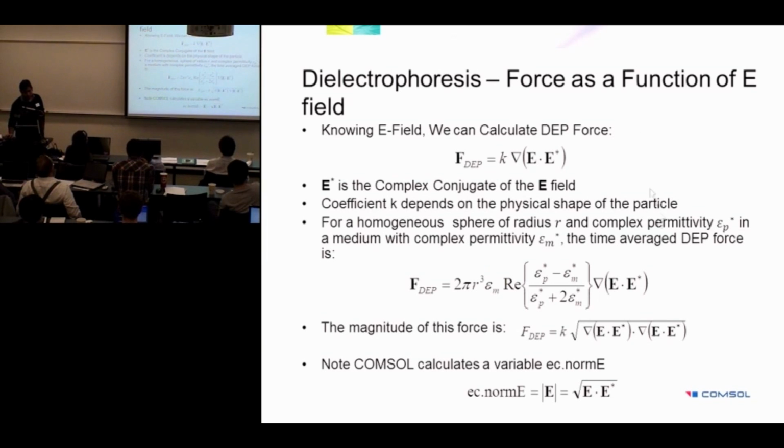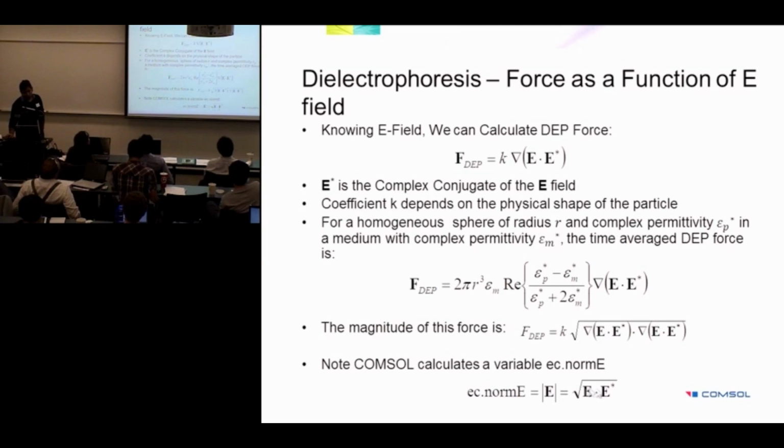Some of the theory: you could calculate the dielectrophoresis force which is acting on those particles based on this expression, and this is a complex conjugate of the electric field which we apply there. The coefficient K term depends upon the shape of the particle. If it is spherical, you get this kind of force, a complicated equation with a real part, and then you could also have an imaginary part. The magnitude of the forces can also be computed, with some more complex computation.